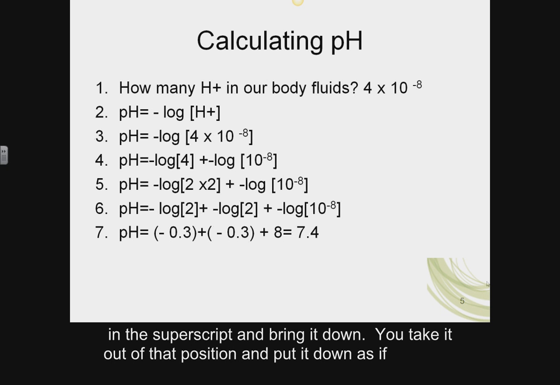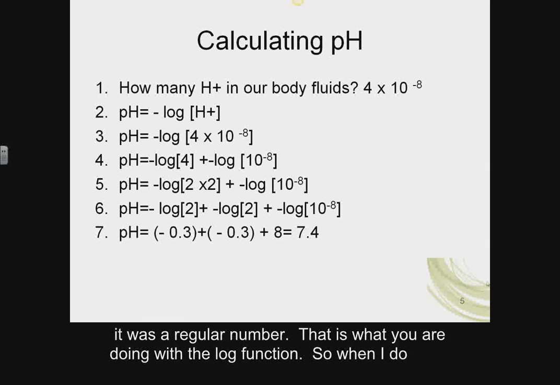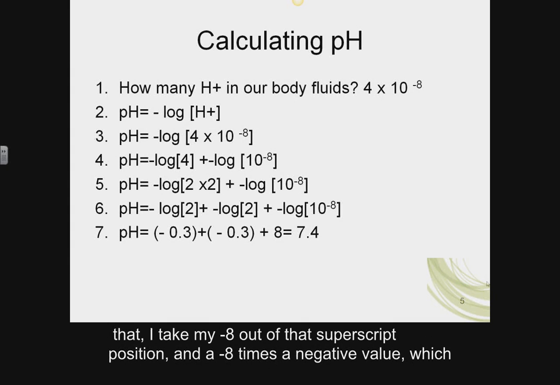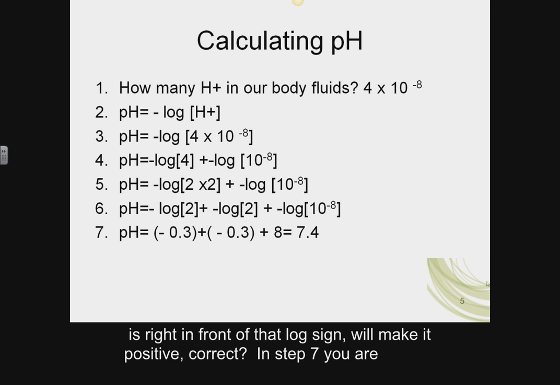That's what you're doing with the log function. When I do that, I take my negative 8 out of the exponent position, and a negative 8 times a negative value, which is right in front of that log sign, will make it positive. In step 7, you are seeing my resulting plus 8.